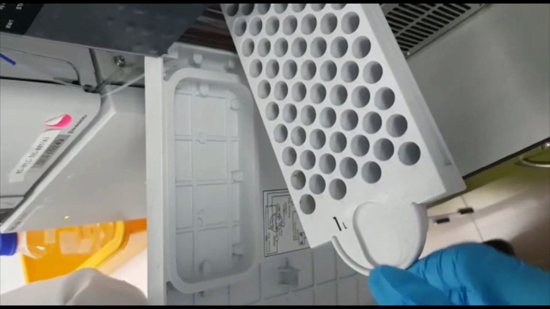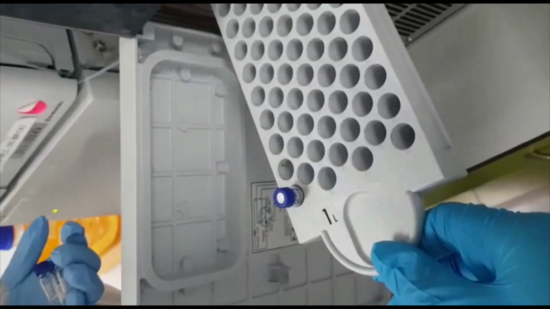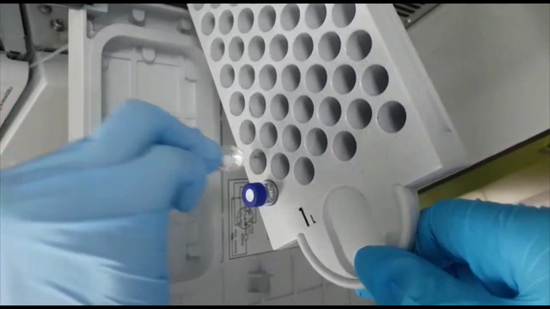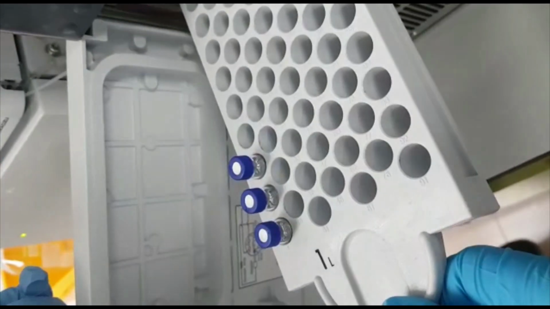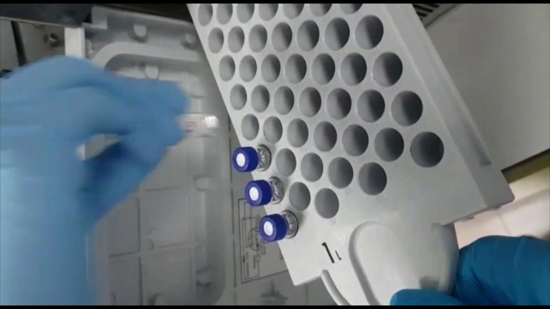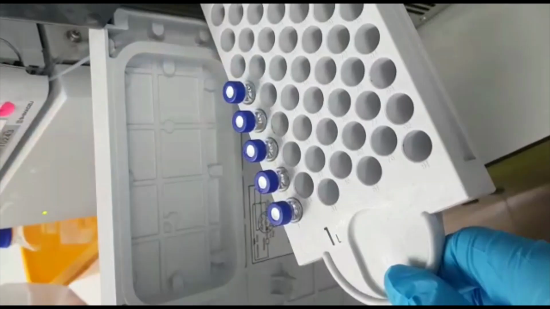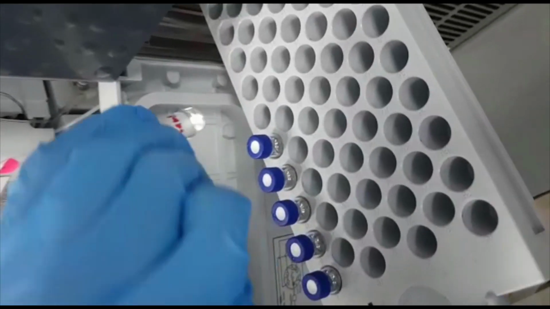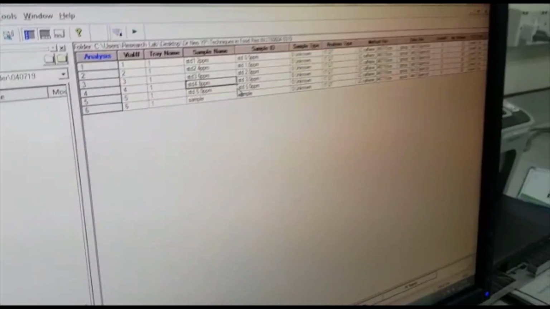We put in the standards accordingly. Sample 2, standard 2, standard 3, standard 4, standard 5, and last put in the sample. So now write the standard name.